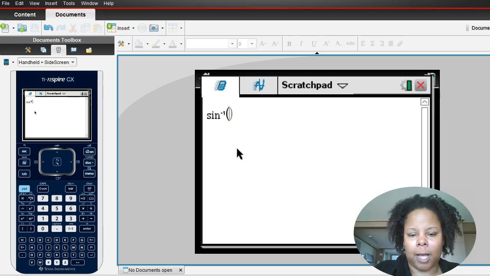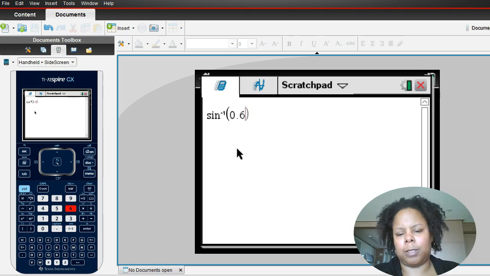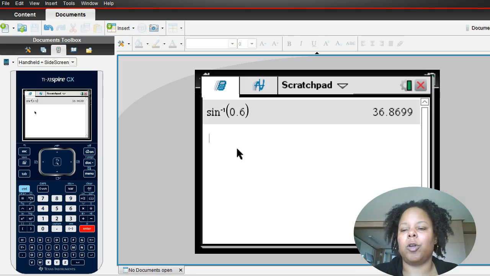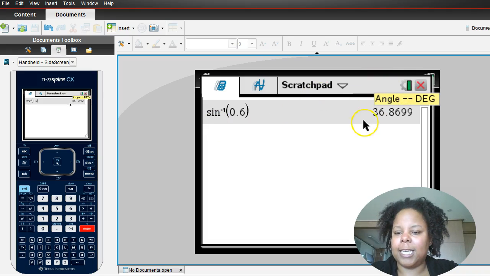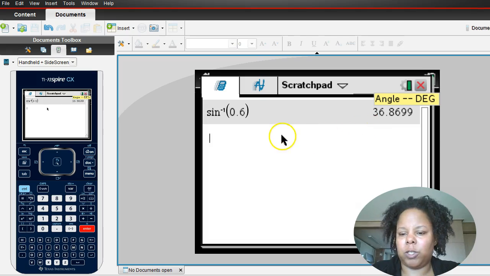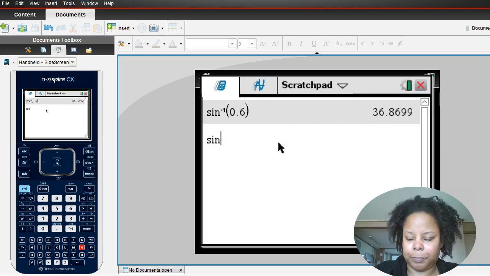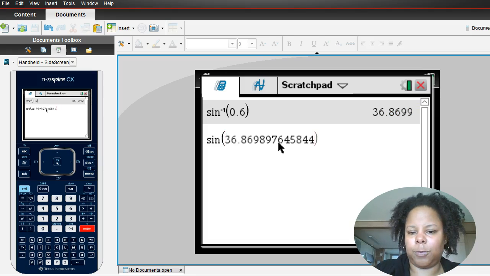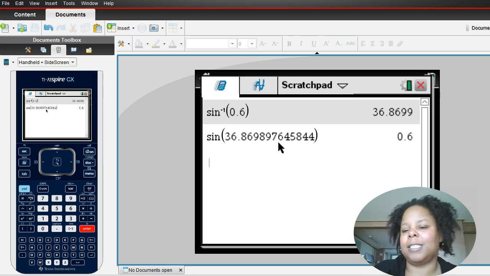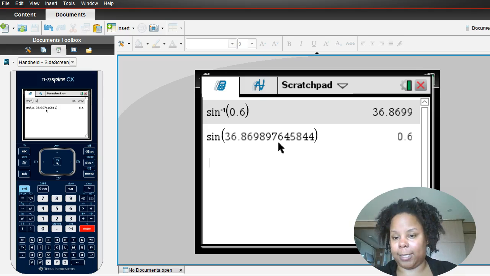Our x value is no longer an angle measurement but a ratio: sine inverse of 0.6. Since our angle is in degrees, the answer is our degree measurement. If I put in sine of 36.86 something degrees, I'll get exactly 0.6.